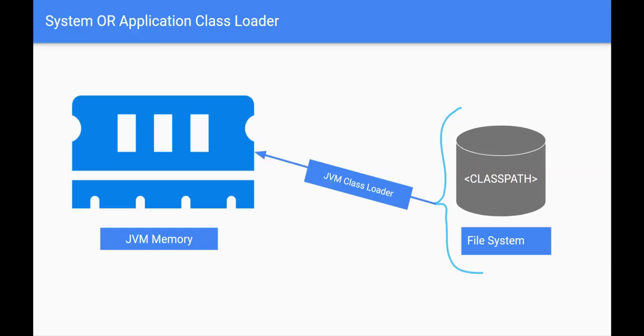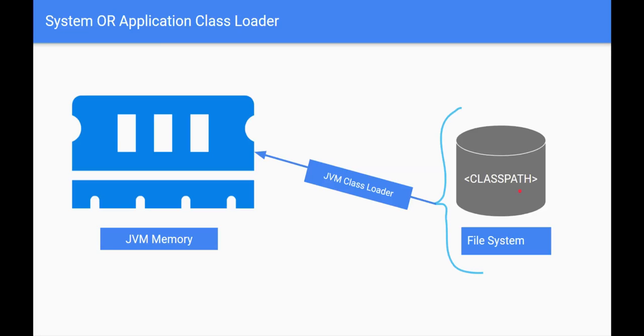So the JVM searching procedure goes in this way. First it goes to the bootstrap, loading all classes, and then goes to the extension, loading all classes, and then goes to your file system or class path to load all the bytecode inside the JVM. And suppose you declare some methods which are not implemented in whatever is loaded inside the JVM, then it will show the class not found error.